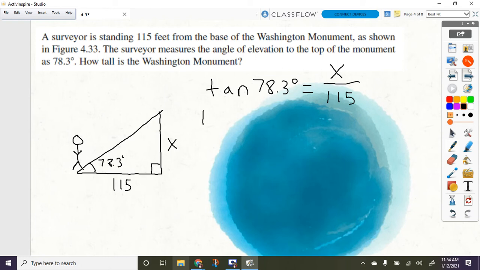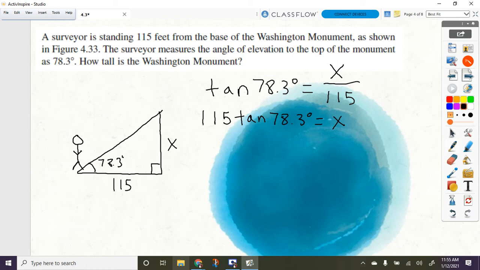I mean, I don't like the term cross multiply because people use it to mean different things. But we could multiply by 115. Okay, and then from there we can use our handy dandy calculator.